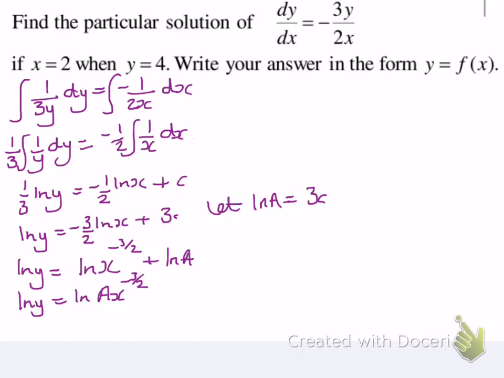So I can work out what my a is. When x equals 2, y equals 4, which we're given, which means that I can say that ln 4 equals ln a times 2 to the minus 3 over 2.